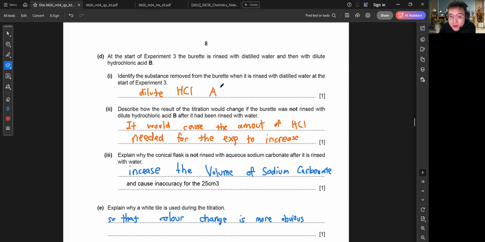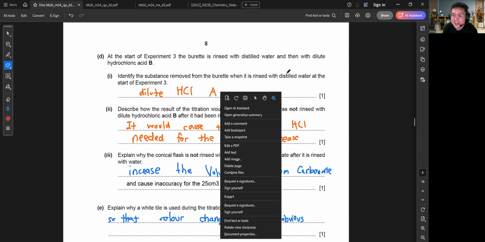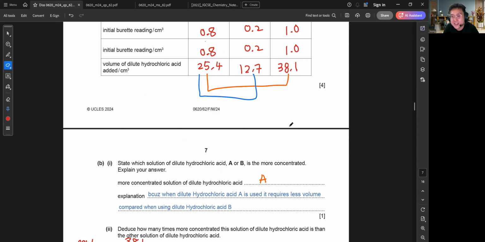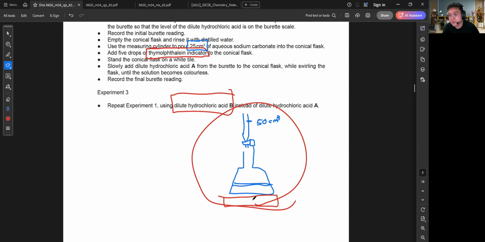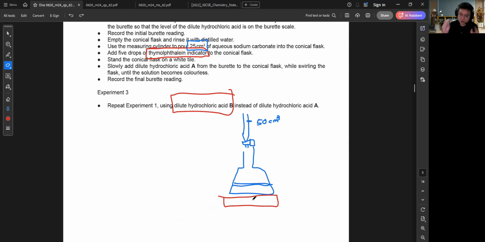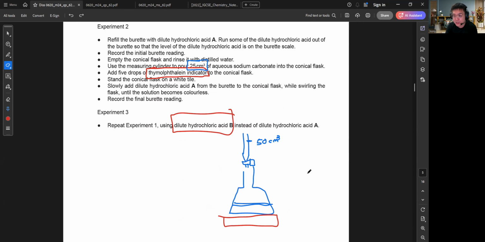All right. So what do we want to wash out? Even if you didn't get it, you can just think like that: what was in the burette before experiment 3? If you scroll up, I did a small drawing by myself. I also highly recommend you draw this. It doesn't add marks to your question, but it helps you imagine the question much more clearly, at least for me.